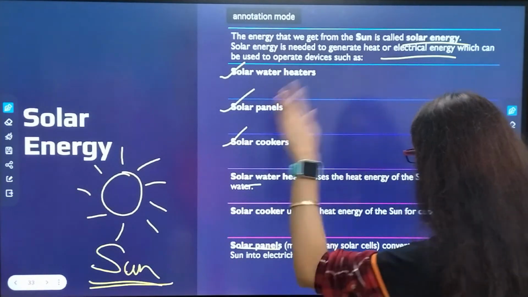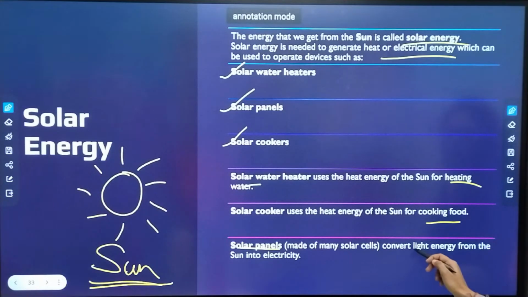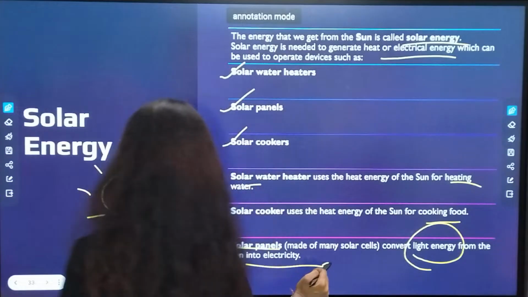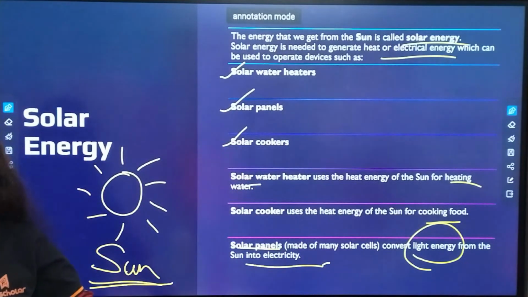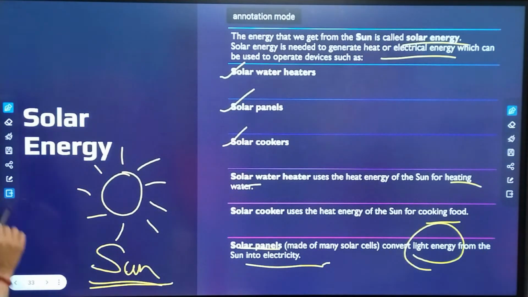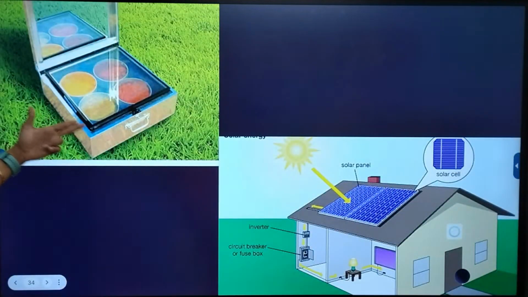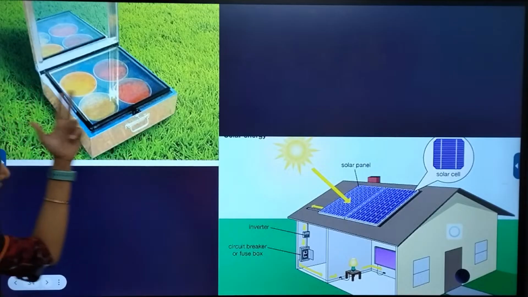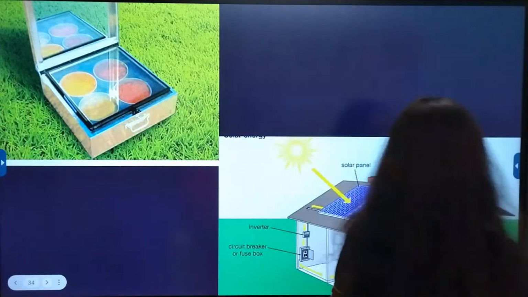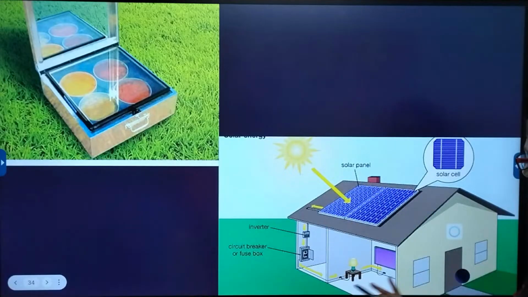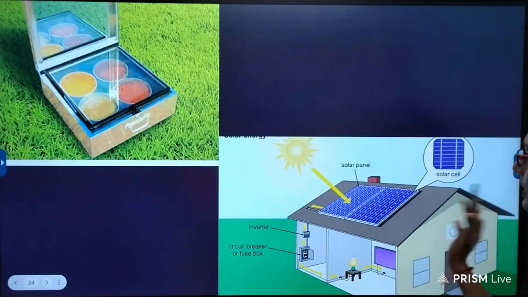Solar panels made up of many solar cells convert light energy from the sun into electricity. These things I have explained to you. See, this is the picture of a solar cooker and this is the solar panel formed of solar cells that is used to run all the appliances in the house.